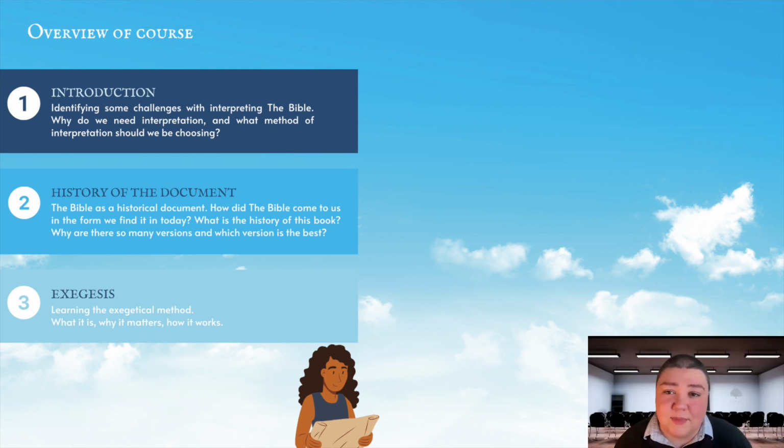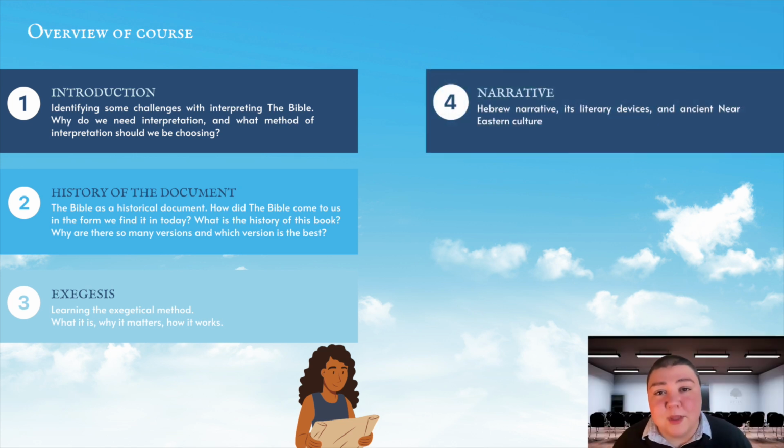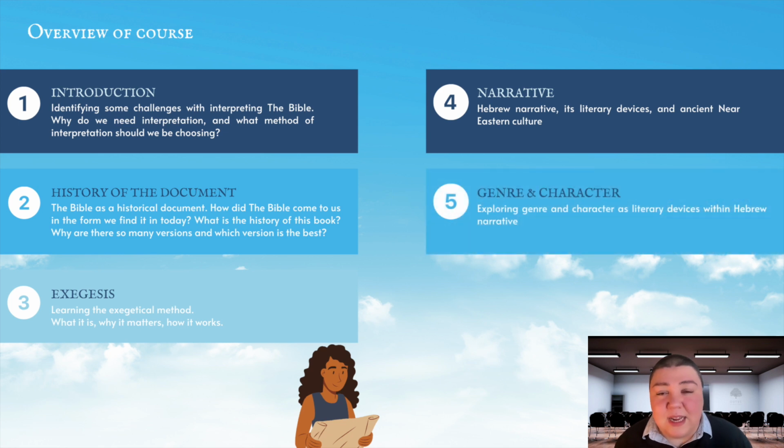Day number 4 will explore all about narrative, particularly the world of Hebrew narrative, the ancient culture of the Near East, and how the two are intrinsically connected. This will lead us into day 5, which will be all about genre and character within these narratives.